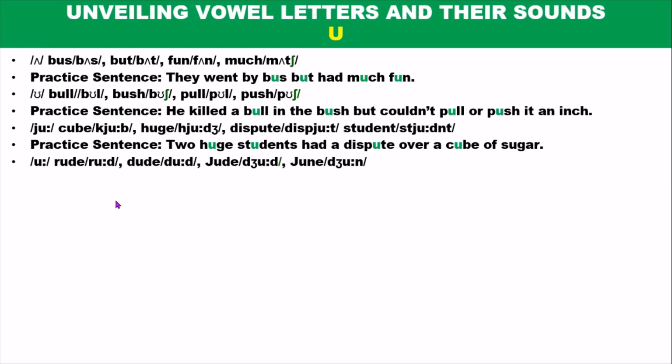The next sound is oo. You know, it's slightly different from U. Here, the U sound is not there. Here, we simply have oo, as in rude, dude, Jude, June.